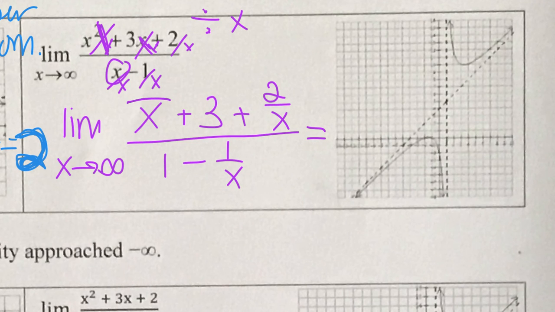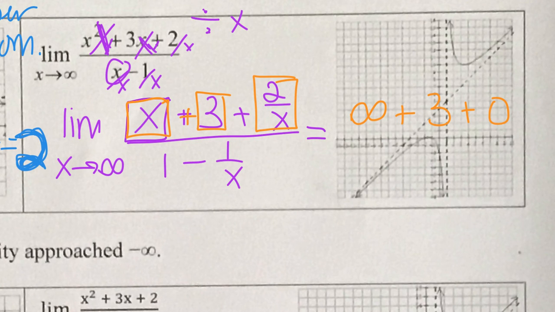So the limit of x as x goes to infinity is infinity, plus, what's the limit of 3 as it goes to infinity? Well, that's just 3. And the limit of 2 over x as x goes to infinity is 0. Okay, that's what we do here, we want to make that 0.